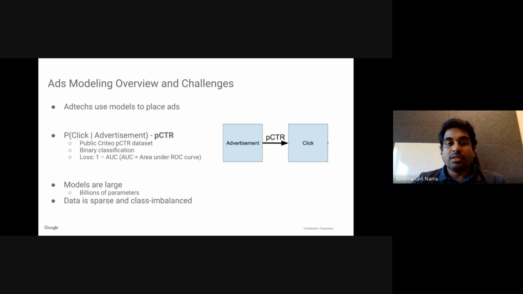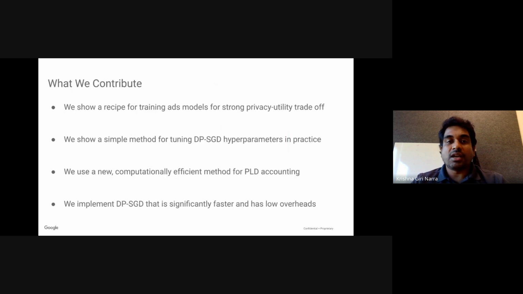So this leads to challenges because it leads to sparse gradients, and adding noise during DP-SGD training is thought to destroy the signal during training. So it was considered that unless we use very high privacy budgets, it's almost hard to train ads models with DP-SGD. In this work, we show a recipe for training ads models with strong trade-offs.